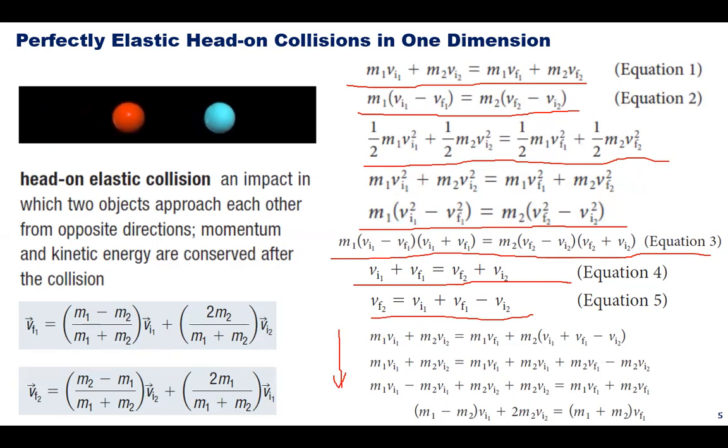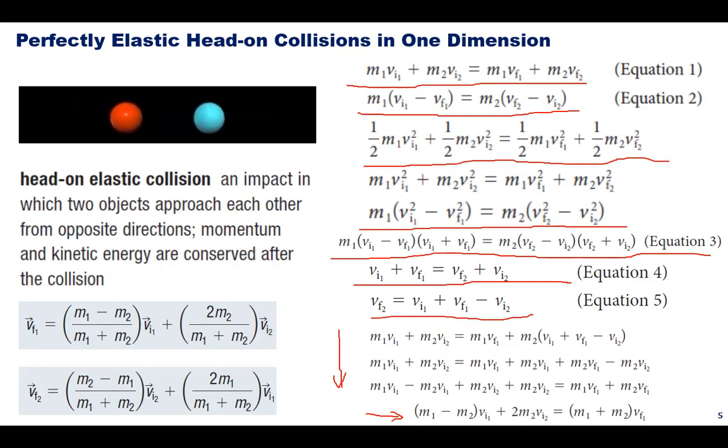Then collect like terms and divide out common m coefficients. So finally, we have this relationship here: the difference of m1 minus m2 times vi1 plus 2m2 vi2 equals the sum of m1 and m2 times vf1. Then divide both sides by the sum of m1 and m2 to isolate vf1.